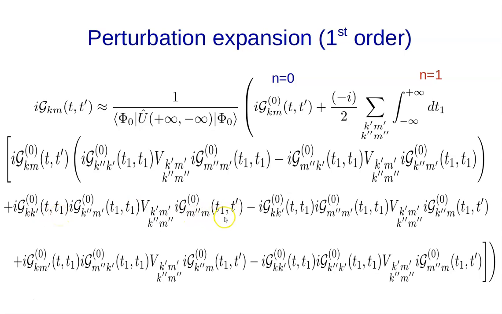So you start from creating the state m at time t prime, then you destroy it at the state m2 prime at time t1. There is something going on here regarding interactions, another propagator, but now this goes from t1 to t1, and finally one that goes from state k prime at t1 to state k at t. That's where you want to end up, okay?